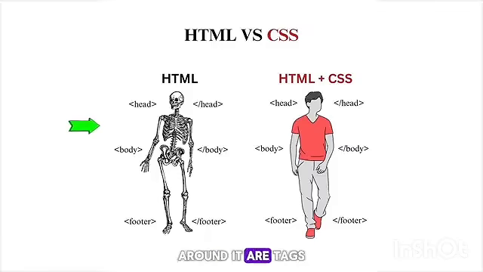Around it are tags like head tag, body tag, and footer. That is the HTML with the basic HTML structure. On the right, you see the same person, but this time it's fully dressed. That is HTML plus CSS.